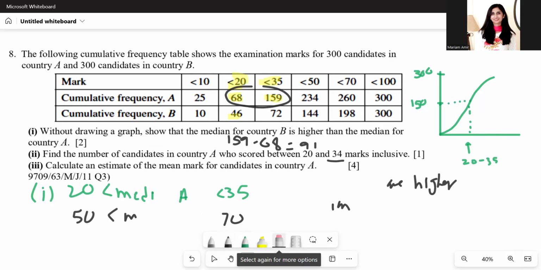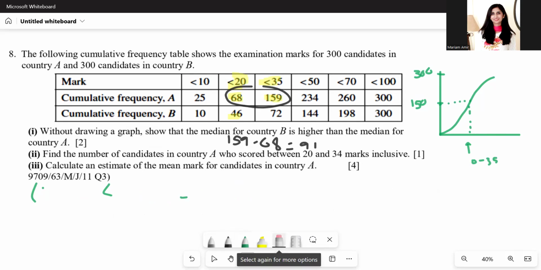In the next part, we have to estimate the mean marks for candidates in country A. For mean, we will first need to change this cumulative frequency table into a frequency table. Since they're talking about marks, the minimum marks somebody can obtain is 0.